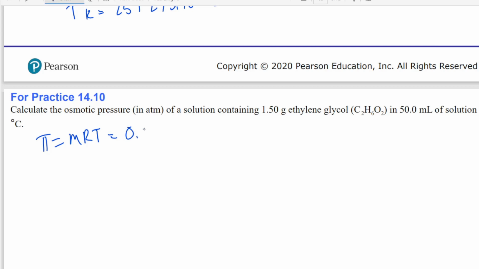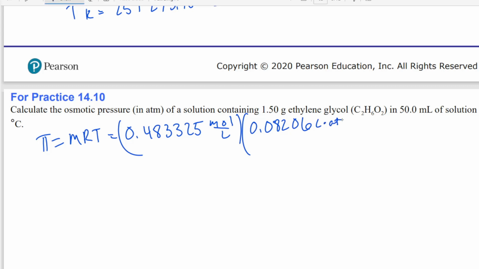That's equal to 0.483325 moles per liter times R, which is 0.08206 liters atmospheres per mole Kelvin times 298.15 Kelvin, and that's equal to 11.8 atmospheres.